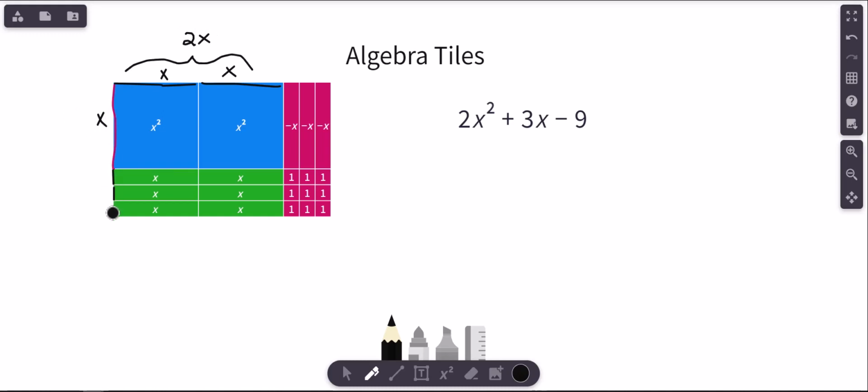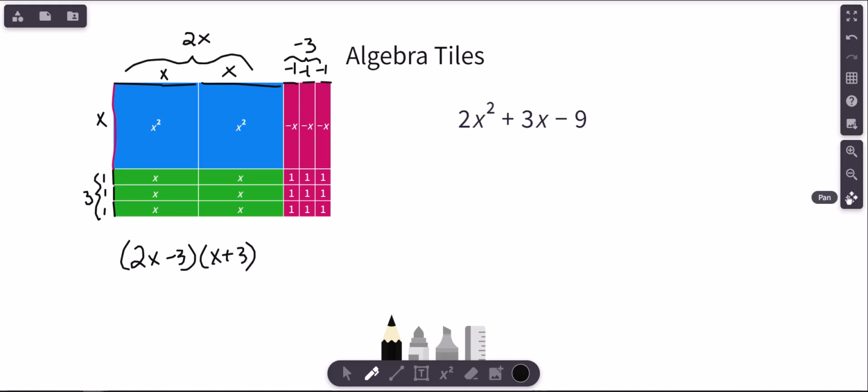I know that these 3 little ones right here, this is 1 by x, and so there we got 1, 1, and 1, or 3. And here we've got -1, -1, and -1, or -3. And so my factors here would be 2x minus 3 and x plus 3.